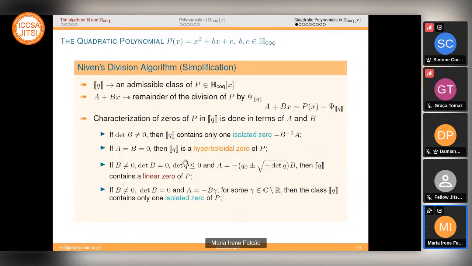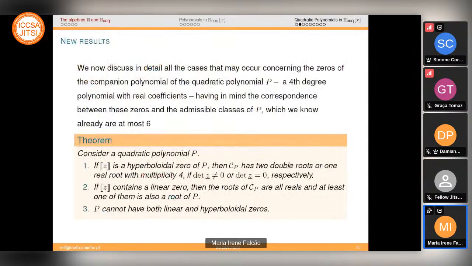This is written in a simpler way, and it is very easy to apply. So this is what we can do with the results of 2018.